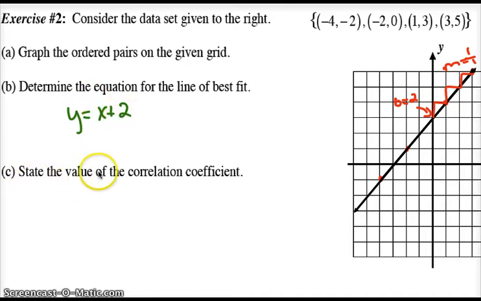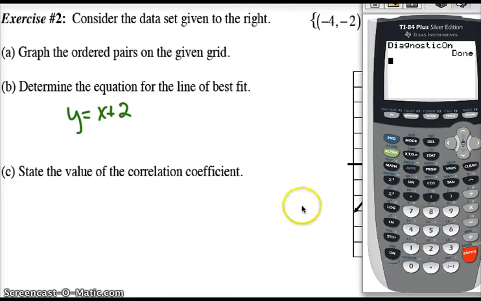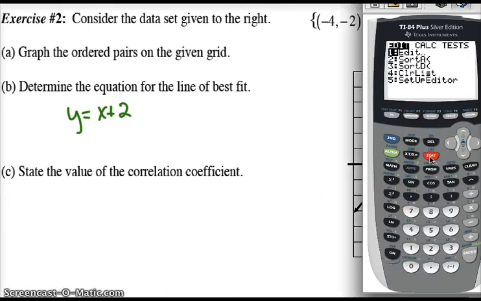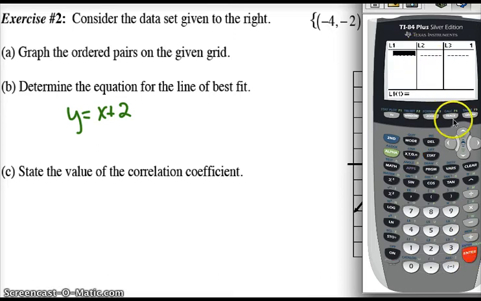So now it says state the value of the correlation coefficient. Well, what you're going to do is put these points into your calculator using that list, which can be found in the stat. So we're going to hit stat, edit. We're going to edit our list. Now mine is clear. If yours happens not to be clear, arrow up.